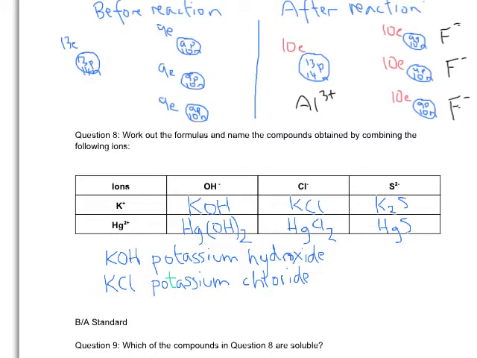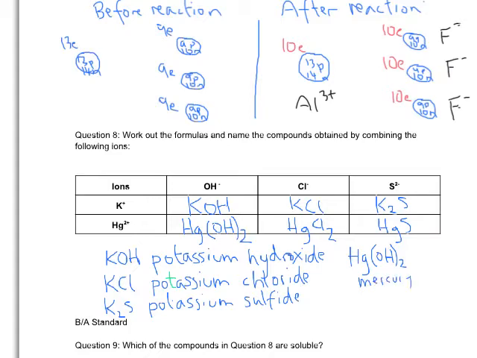K2S is potassium sulfide. Hg(OH)2 is mercury hydroxide.